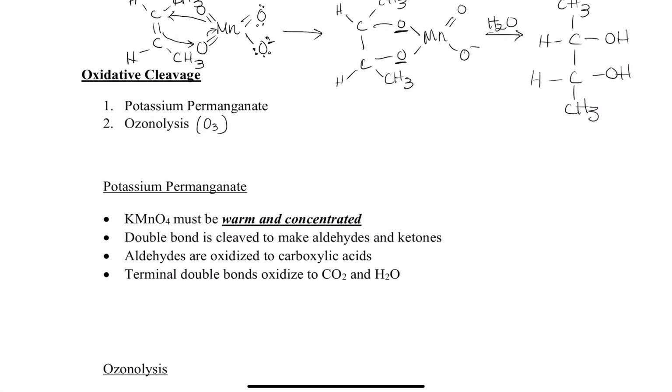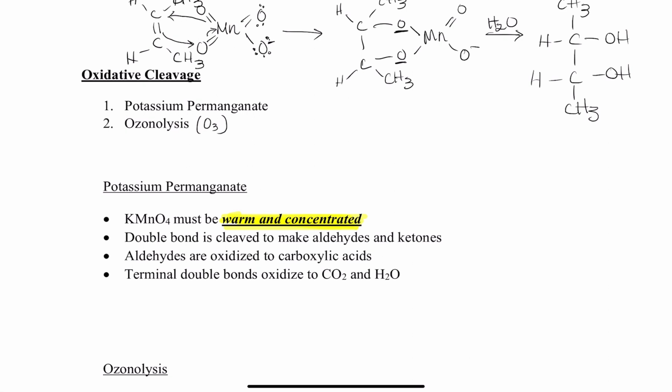The only difference between potassium permanganate and ozonolysis is some double bonds can be further oxidized. So potassium permanganate must be warm and concentrated. For oxidative cleavage, whenever we're cutting double bonds, warm and concentrated.